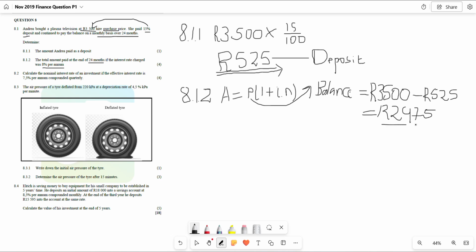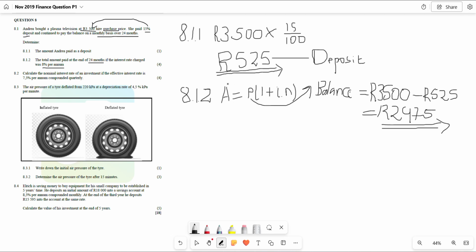But I want to emphasize so that it is clear: there is an instance where you have a hire purchase, but there is no deposit that needs to be paid. It means P becomes the cost of an item. But where there is a deposit, it means P becomes the balance after paying a deposit.